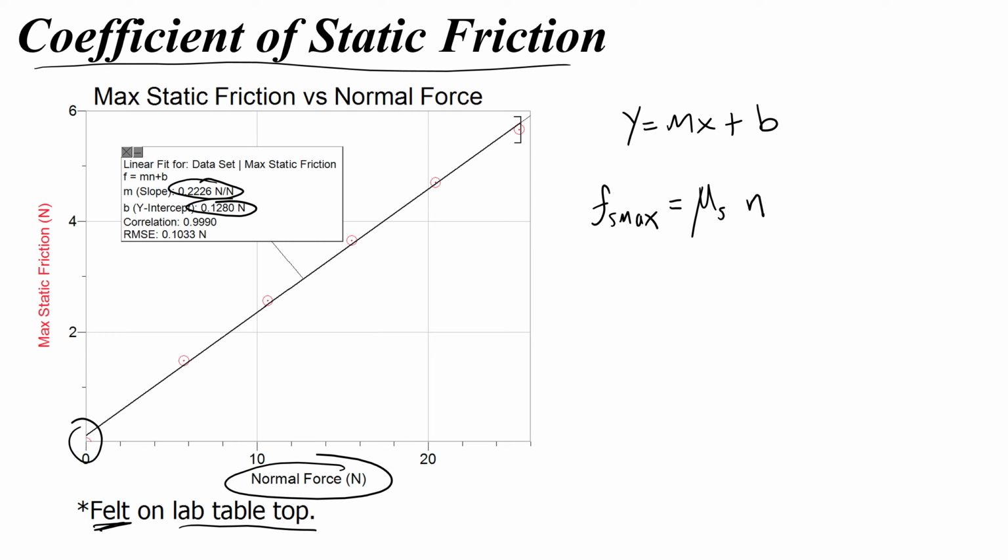Now remember that friction and normal force are vectors. So I could write arrows above them, but the thing about coefficients of friction and friction forces, if you draw a free body diagram, then you'd have maybe normal force up, weight force down, and then say friction to the left. Normal force and friction, because they are 90 degrees apart, really have no relationship to each other as directional vectors.